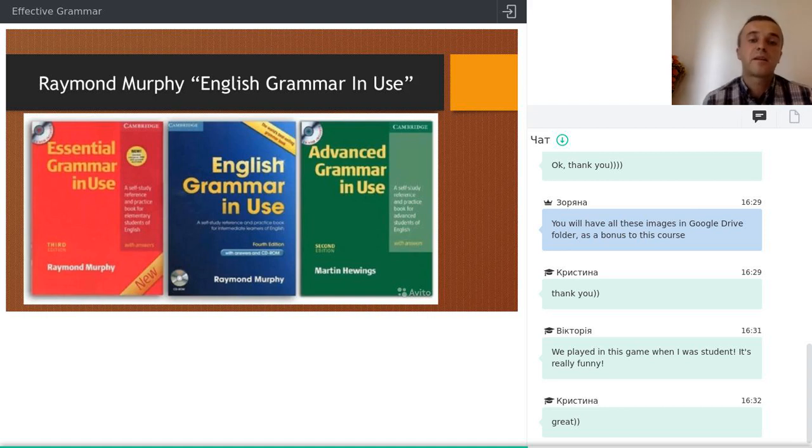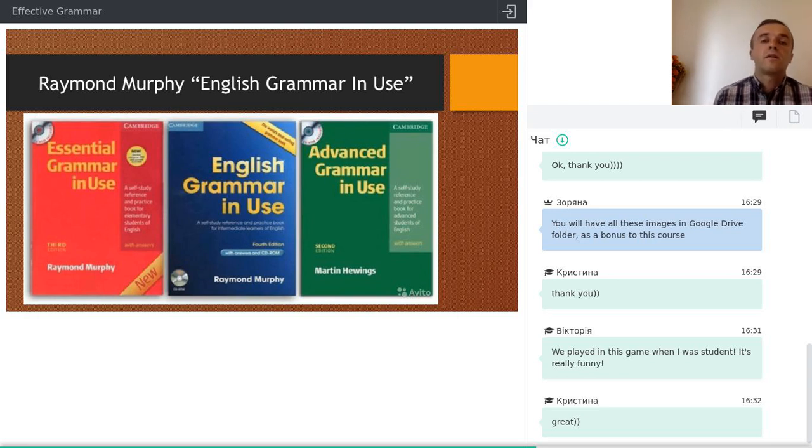Murphy, depending on the student's level, you probably know this edition because this edition is really popular, and you can use either the red book or the blue one, but the green one maybe when your students are super advanced.